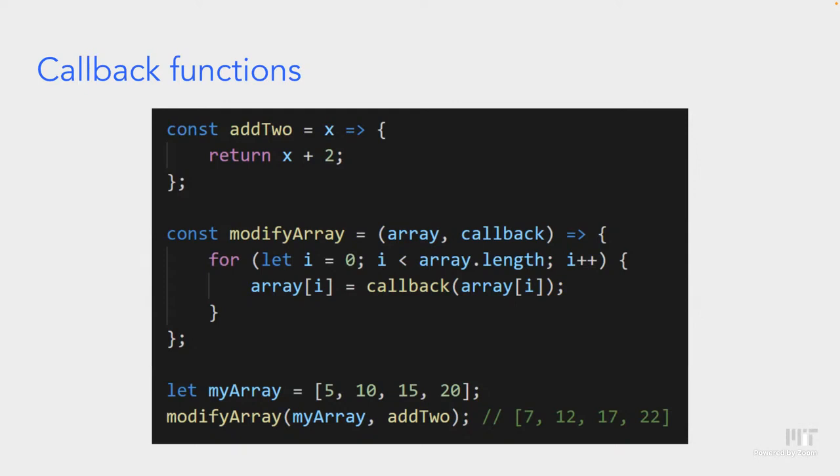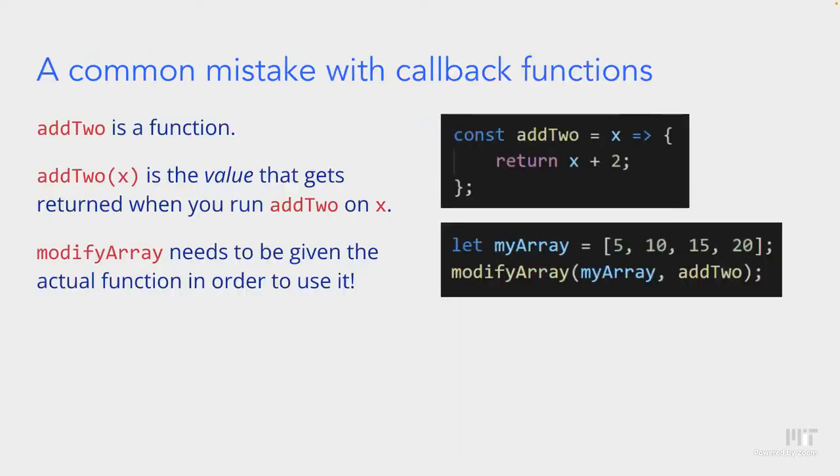This is a good example of using callback functions, because then we can create many functions that we can put into modify array, such that we get everything that we want. It makes it more modularized. It's better to make sure that your code can be reusable.